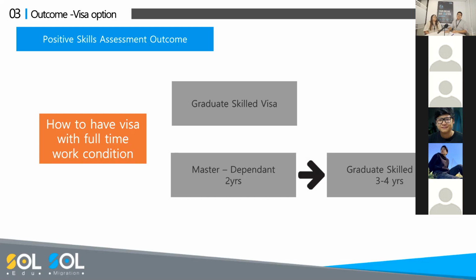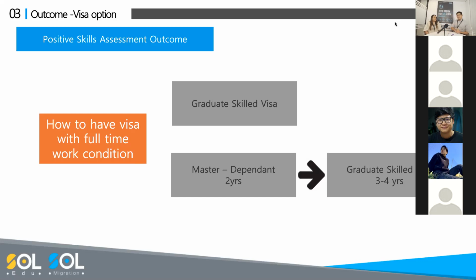I know many people are scared that a master course is very expensive. Very expensive, I understand totally. I completed a master degree in Australia as well, so I understand it's very expensive. However, if Diego's partner is studying a master degree in Australia, then Diego will have full-time working rights.